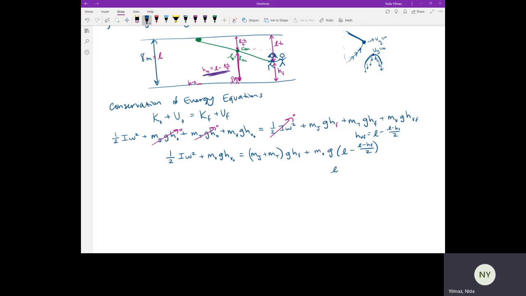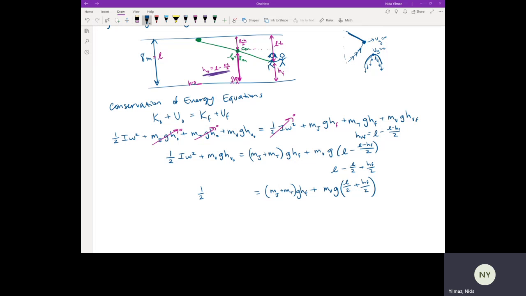So we have L right here minus L over 2 plus H F over 2. So this will yield L over 2 plus H F over 2. So put that there, G and V. So we have all of that in one place. Plus mass of Jane plus mass of Tarzan, G H F.